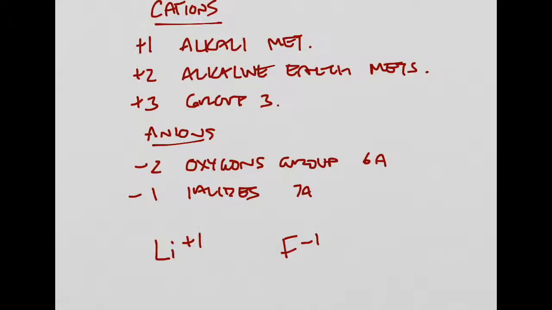So lithium and fluorine could really work together as a partnership, because lithium wants to give away an electron and fluorine wants to take on an extra electron. These two things have a natural affinity for one another. In fact, they are going to bond to one another.